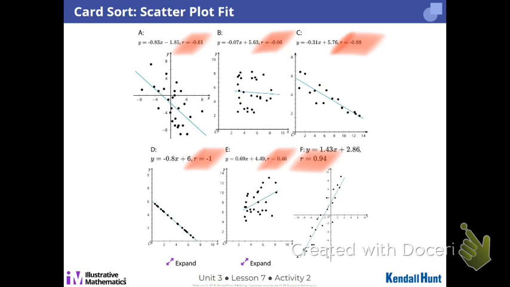So there is a rhyme and reason to this number. I want you to notice some things about the number, notice some things about your graphs, and we're going to try to apply that knowledge to come up with a general idea of what this number means in context every time. You don't need to worry about calculating the number, okay? I'm also going to collect your card sorts while you're doing this, so get them all nice and tidy. So go. Make sense of that number. Make some big ideas.